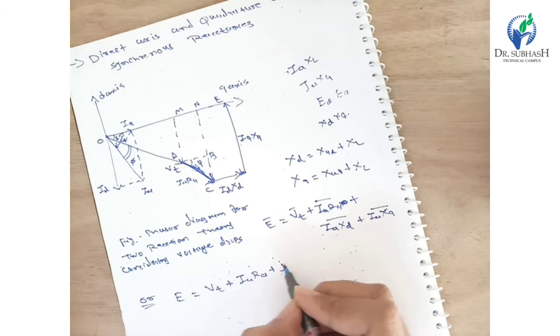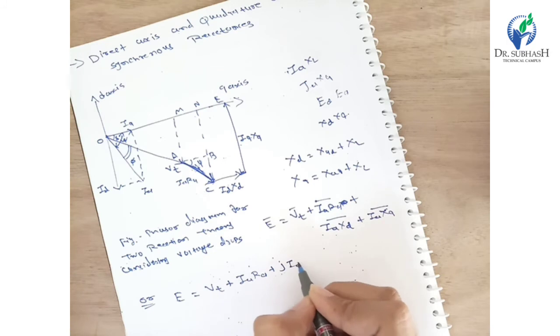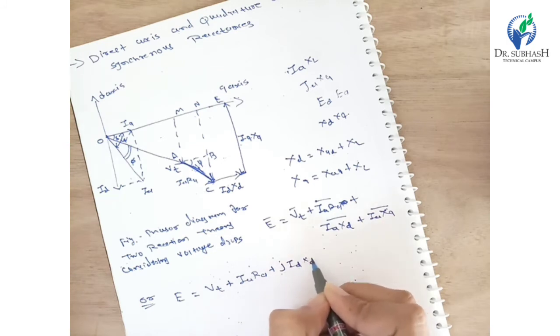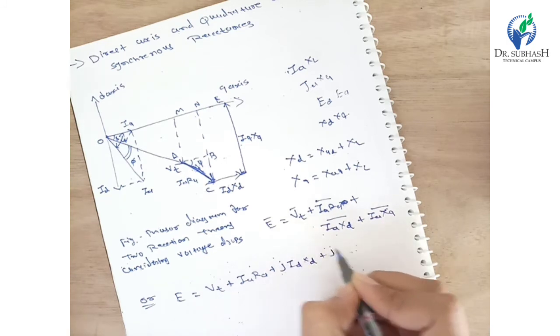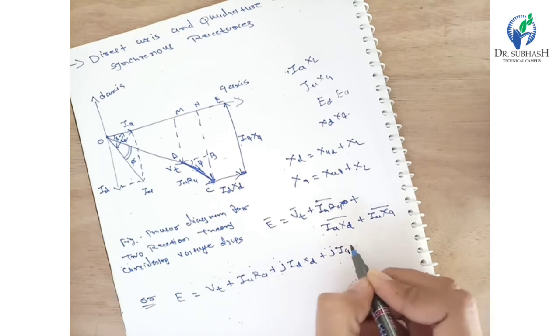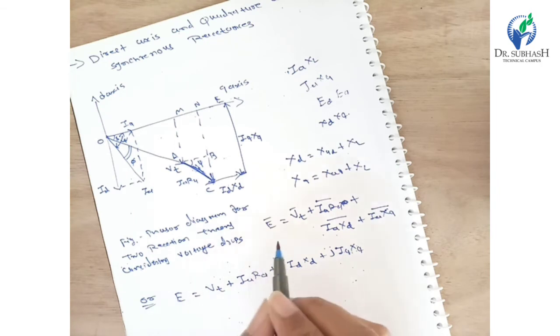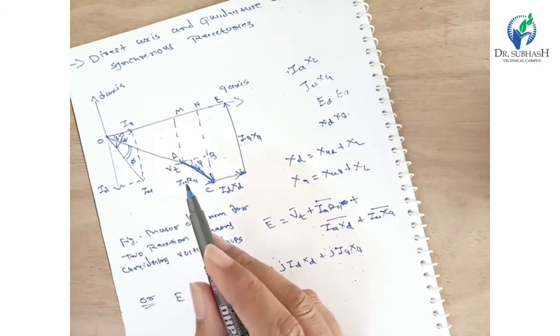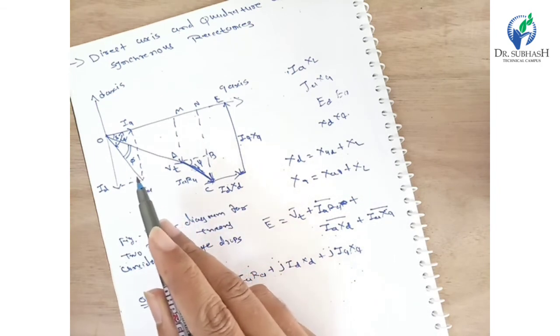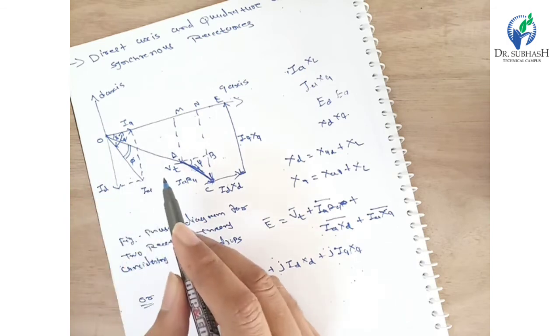So we write j Id Xd plus j Iq Xq. This is the complete phasor diagram of the two reaction theory, explained in this figure.